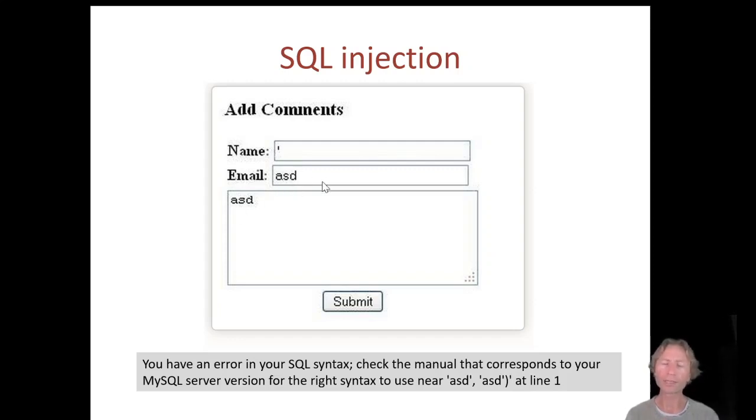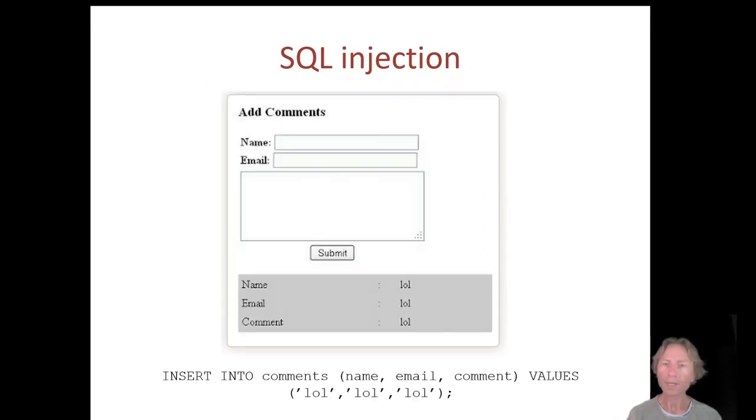And not surprisingly, we get an error message because the query that we've crafted tries to insert into comments for the columns name, email, and comment the values, well, whatever we provided there. And what we provided for name was this single tick.